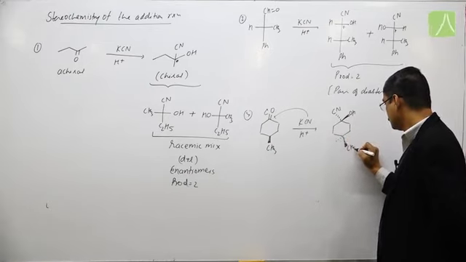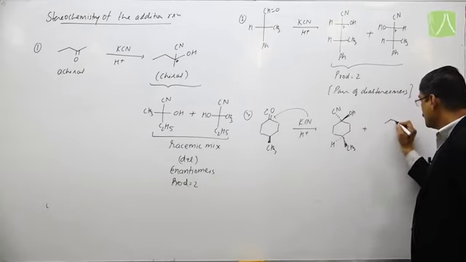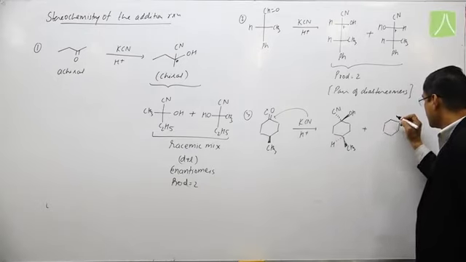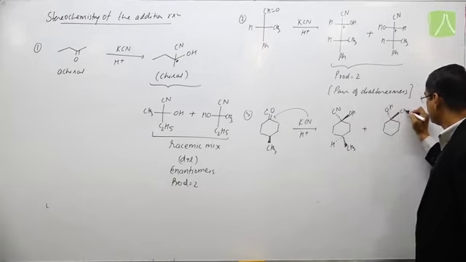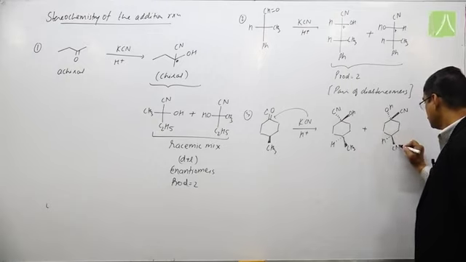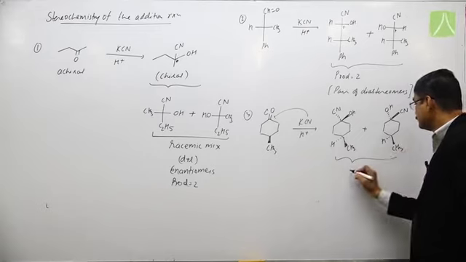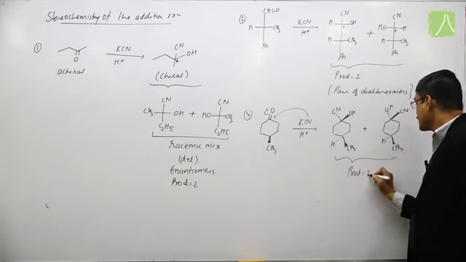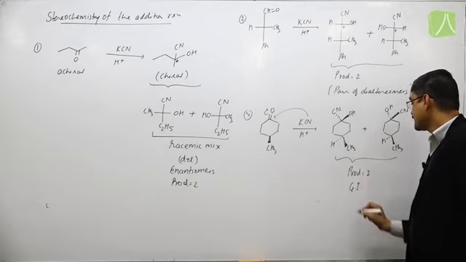Again, two products are obtained and both are geometrical isomers. Total products 2 and the relation is geometrical isomers.